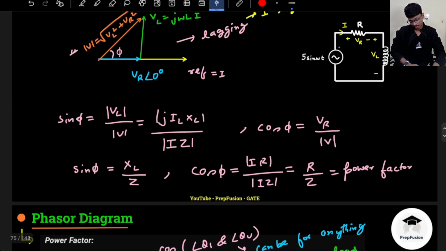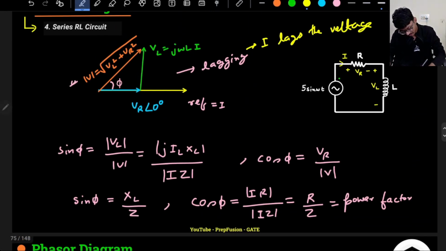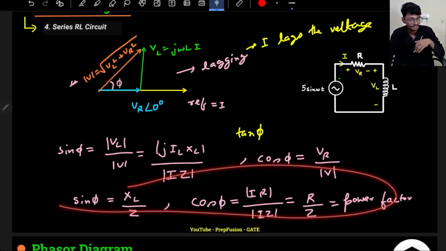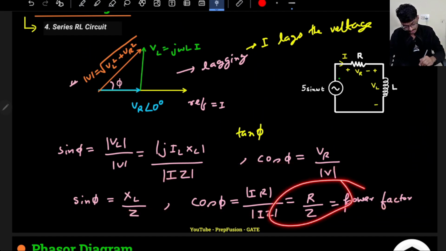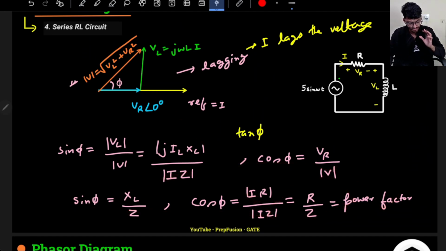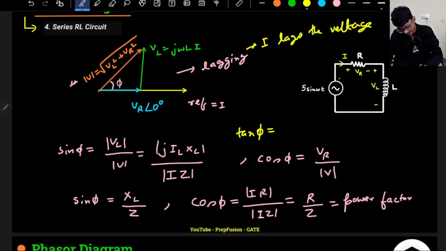So a few things about power factor. You can derive many relationships. Don't have to remember this, but someday or another all this will get used. So don't have to memorize, just see the derivation. How am I deriving this? So what is tan phi? Tan phi will be height upon base, right? Height is VL, base is VR. So it is magnitude of VL upon magnitude of VR.